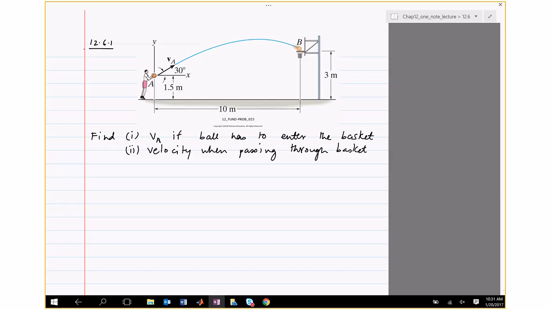Here the question is, if a person is trying to basket a ball in basketball, then you've got to find the velocity. He needs to launch the ball so that it will go inside the basket. And then you've got to find the velocity when the ball is passing through the basket.